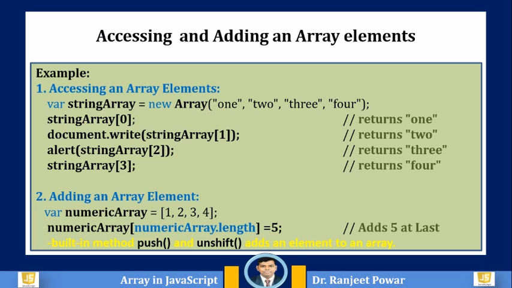The solution is to use the length property of an array. We can use the length property to add a new element as the last element in the array. In the example, number 5 is added as the last element using the length property of an array.